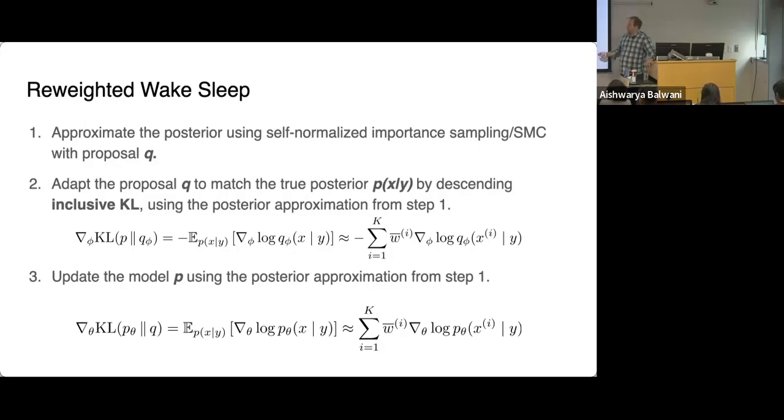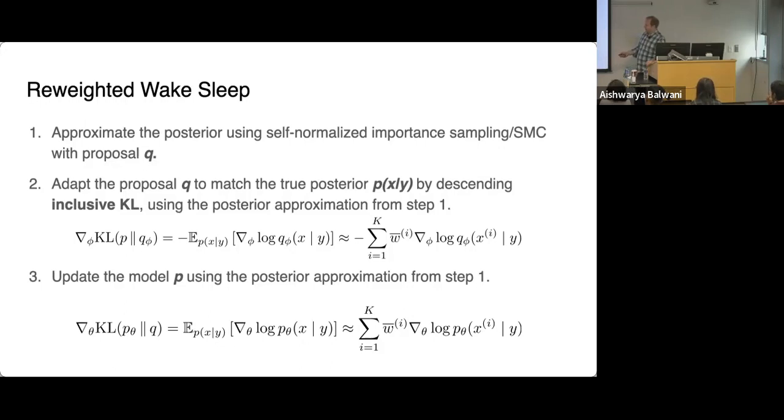So for KL(P||Q), we want the gradient with respect to the parameters of Q. KL by definition is an expected value of log P over Q. So we can pass that gradient inside the expectation, and we can approximate this using the trajectories that we've gotten from step 1.